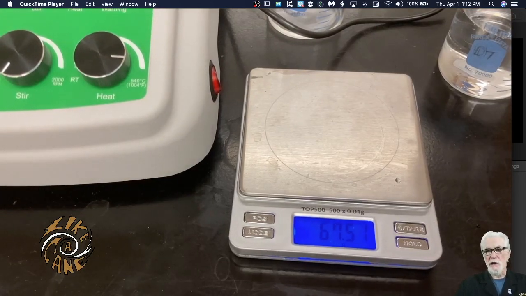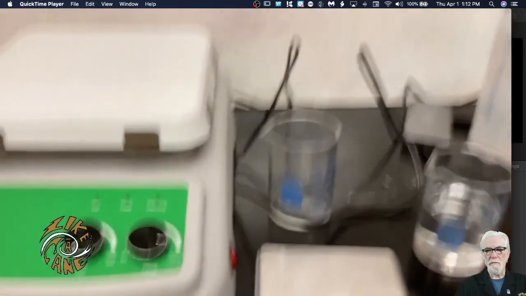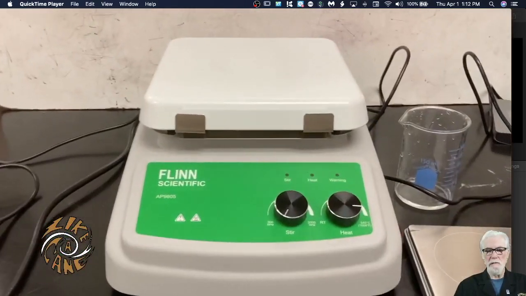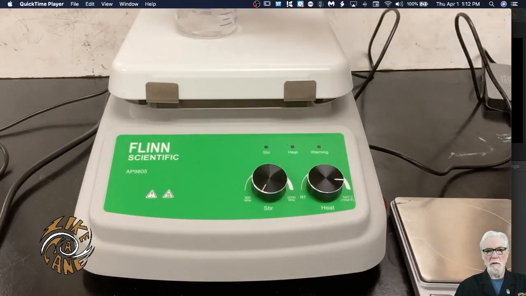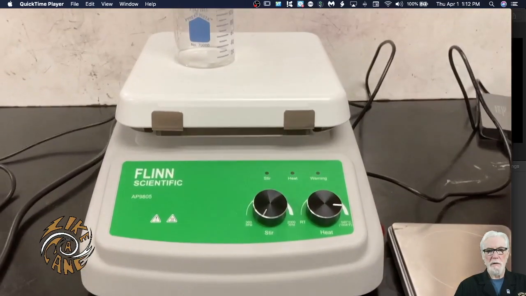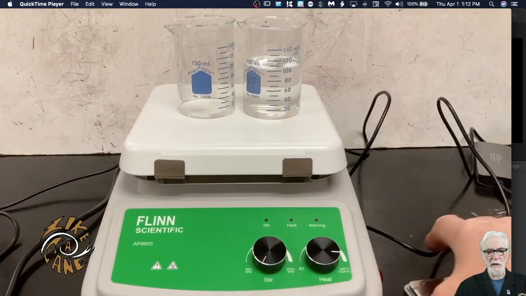Now I'm going to put both of these beakers on the same hot plate. I'm putting them pretty close, as close as I can, to be in the same spot on the hot plate.